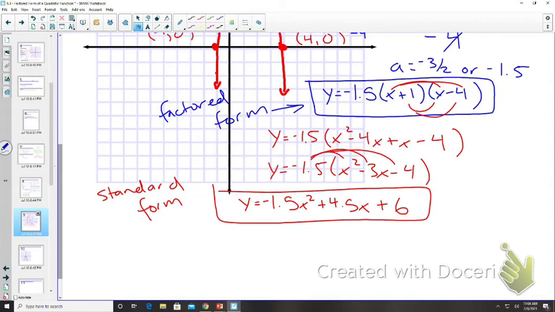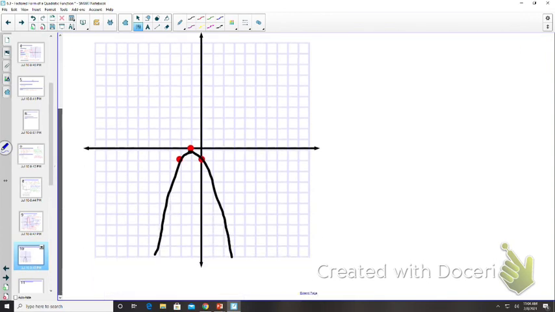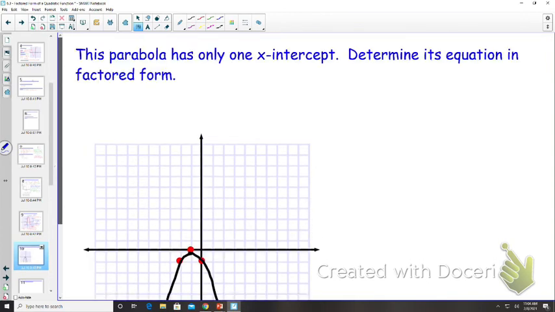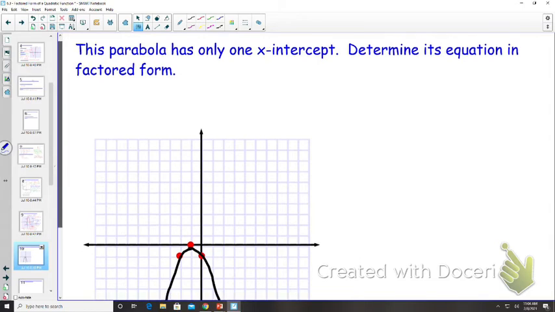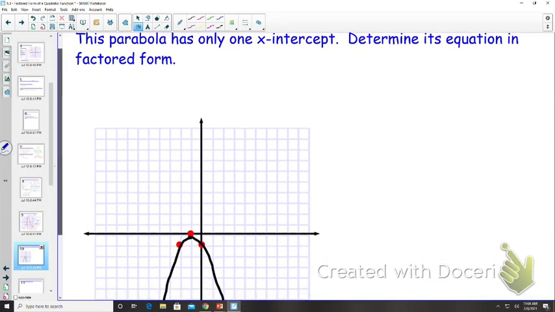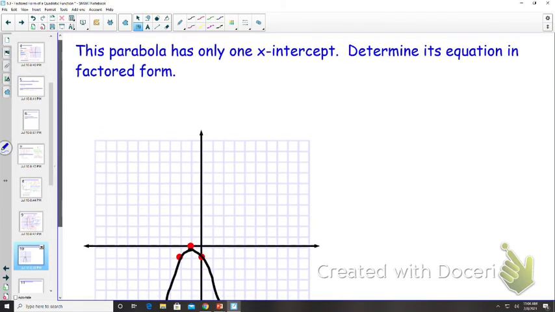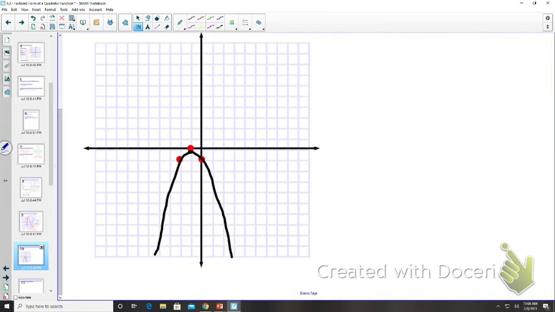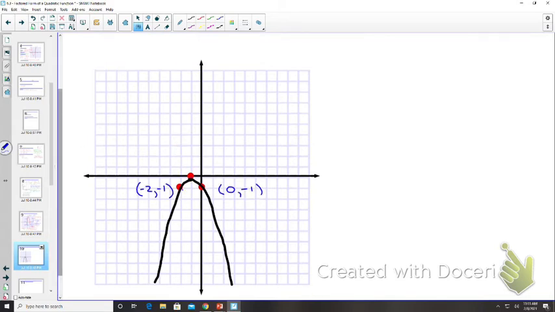Okay, for the next one, I want you guys to try this on your own, please. So this only has one x-intercept, okay? Determine its equation in standard form. Okay, so step 1, we need to find our x-intercepts. Okay, this one we only have 1, which is right here.